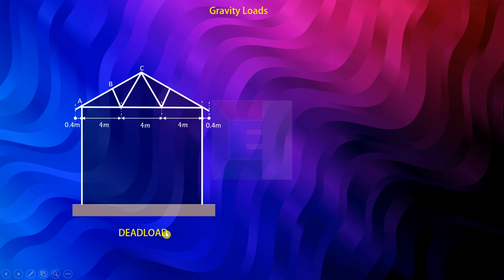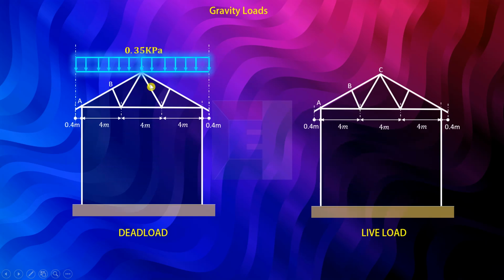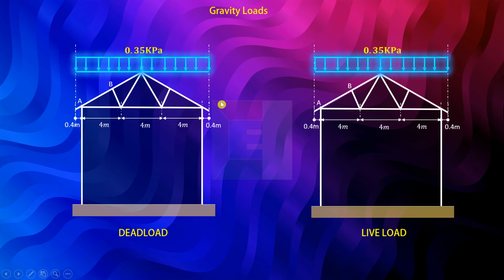So, for gravity loads, for the dead load, and for the live loads, meron tayong 0.35 kPa and 0.35 kPa. So, pag mag-a-analyze na tayo ngayon ng truss, kung ano yung mga forces na makukuha natin for the dead load is the same forces na mag-a-act dito for considering live load. Kasi pareho sila ng demand.